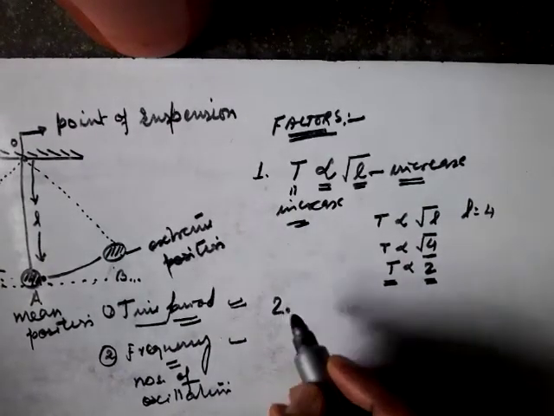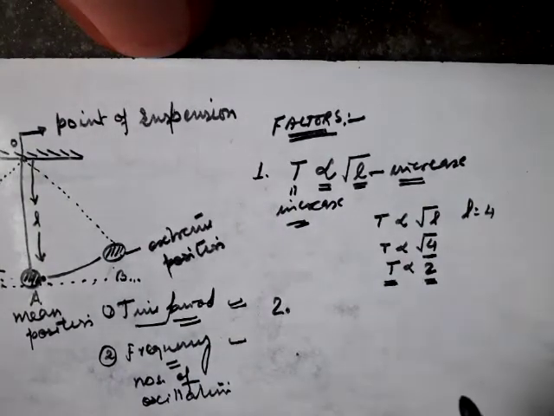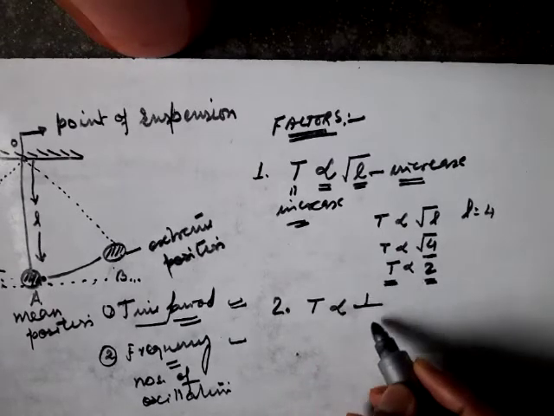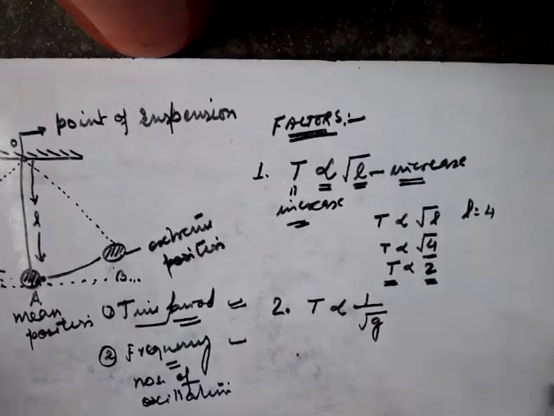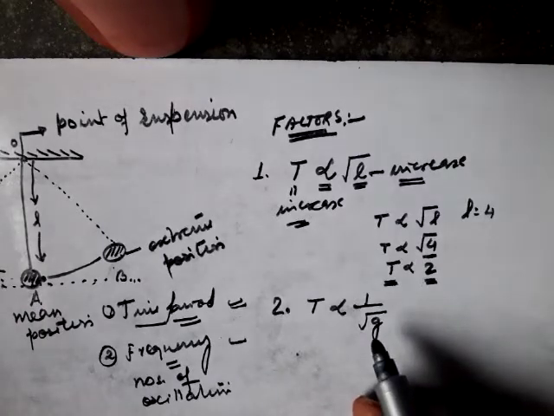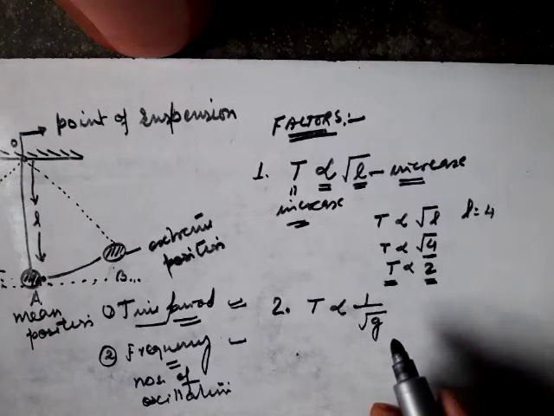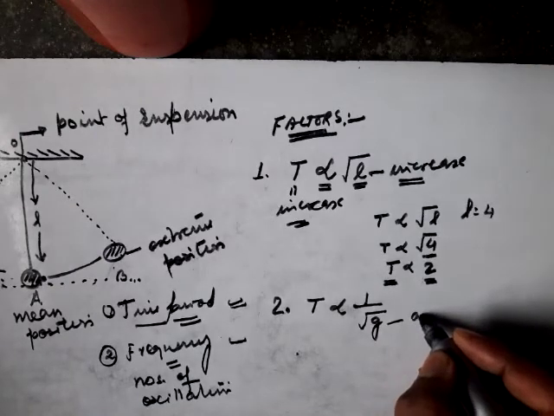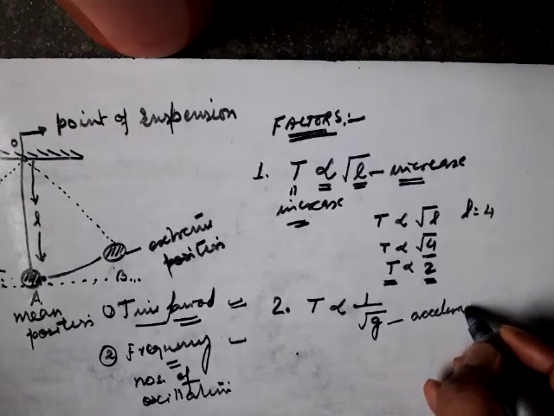The second condition is that the time period of any simple pendulum is inversely proportional to the square root of g, small g, which means acceleration due to gravity.